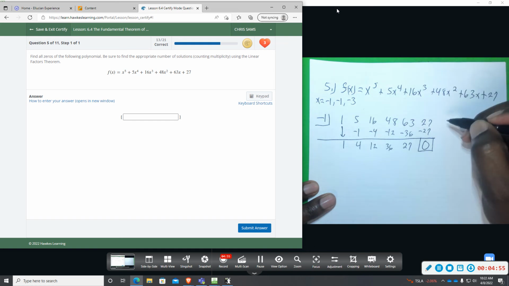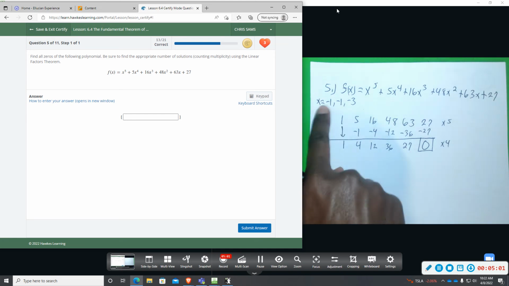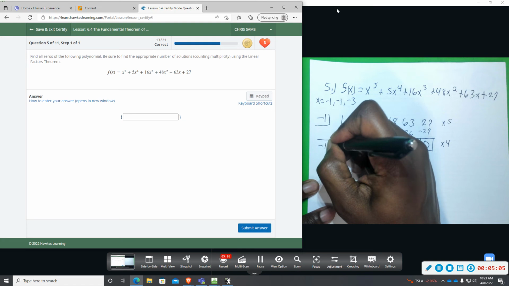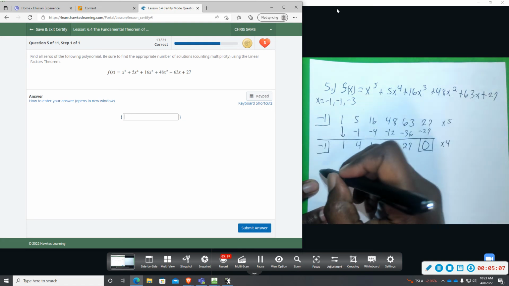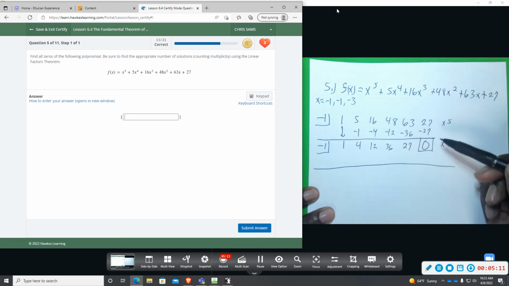All right, so this was an x to the 5th degree, so now this one would start at x to the 4th, but we're going to continue going. I'm going to use -1 again because it looked like a double root, and see if that works. Now the only reason that we can keep going is because we found a 0. So if this had come out something other than 0, I would have to start over from here again.